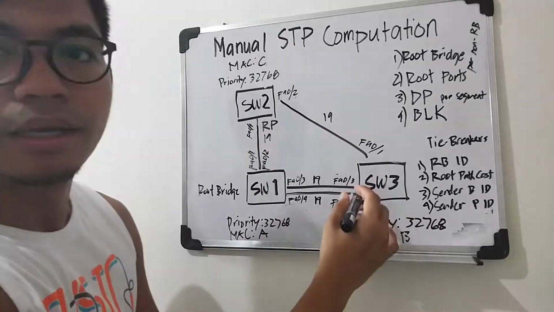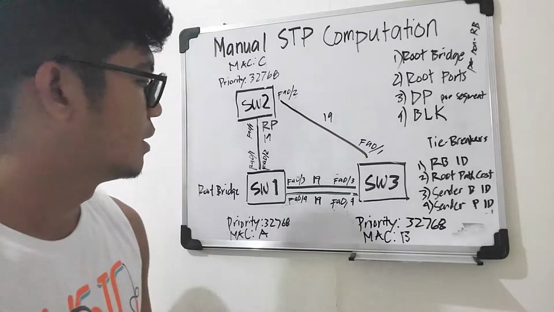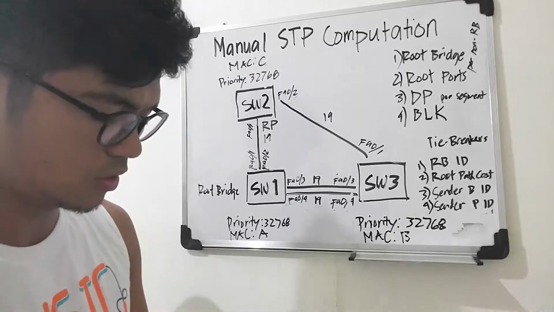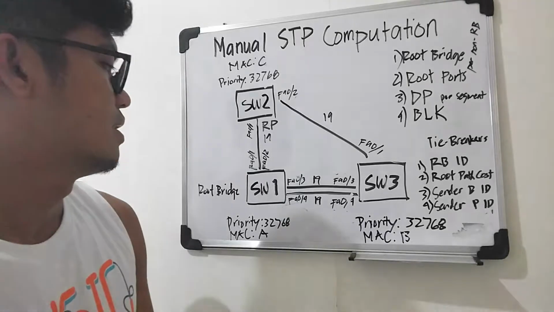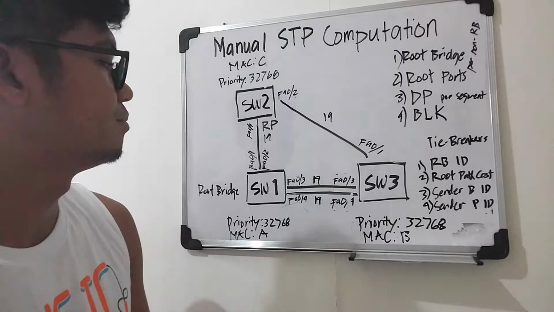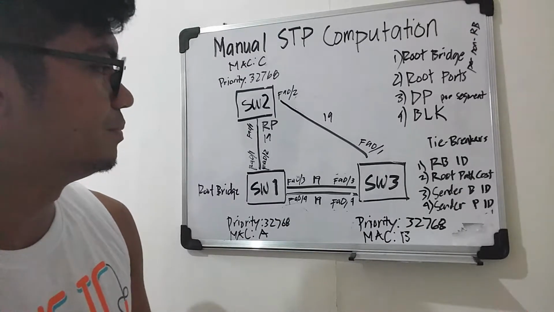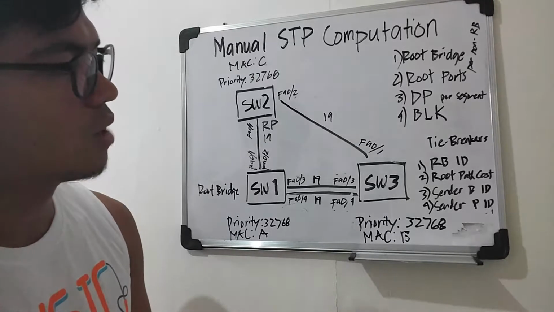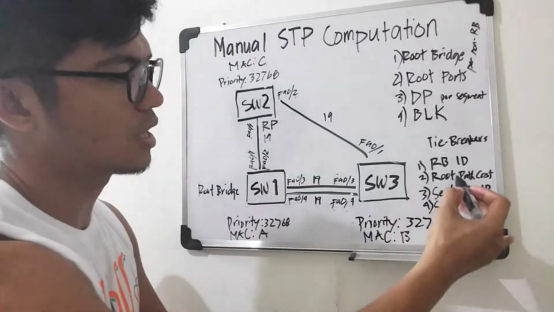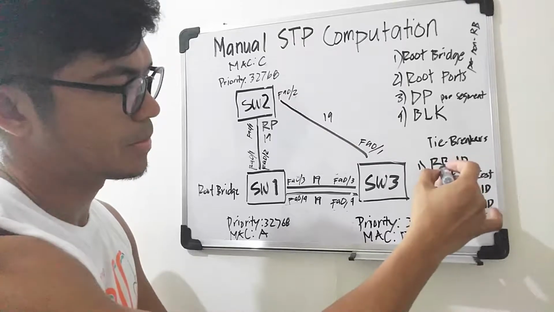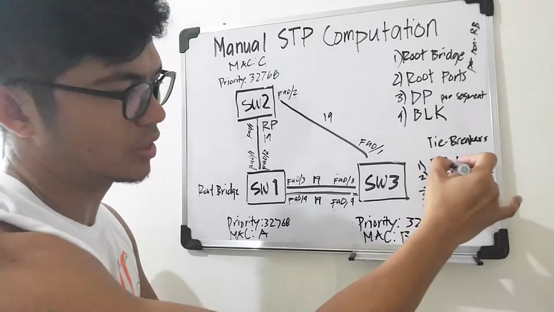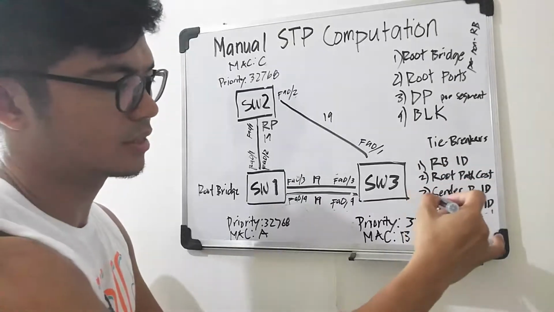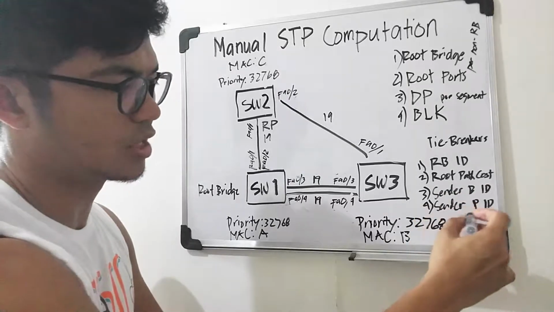And switch 3 has 2 links to get to the root bridge. If we have that kind of situation, we should use our tiebreakers. You can see here that we have tiebreakers. Of course, lower is better: lowest root bridge ID, lowest root path cost, lowest sender bridge ID, and lowest sender port ID.